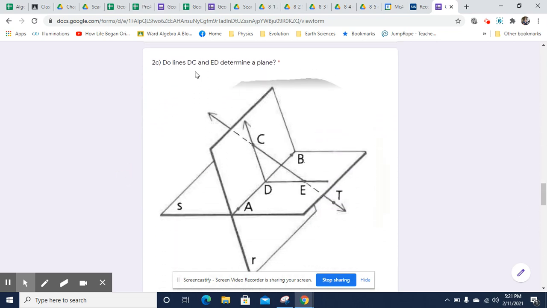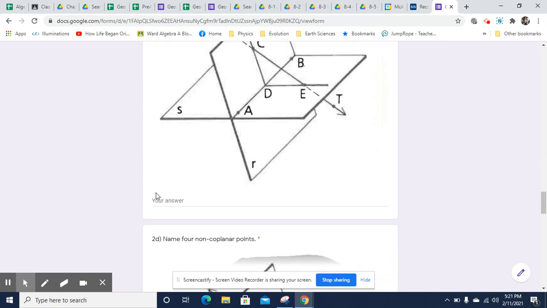Now do lines DC and ED determine a plane? So here's DC and here's ED. In fact, they do determine a plane. It's just not labeled here. They determine a plane because they are intersecting lines.